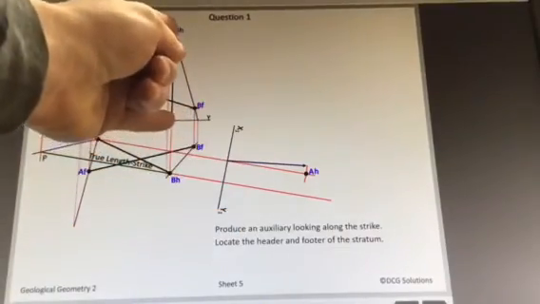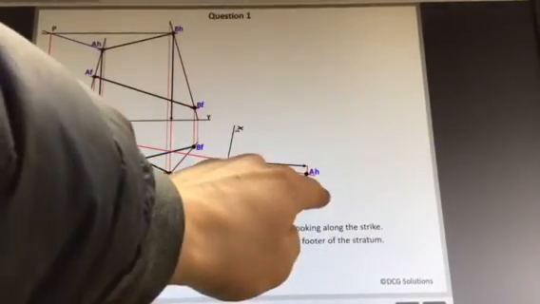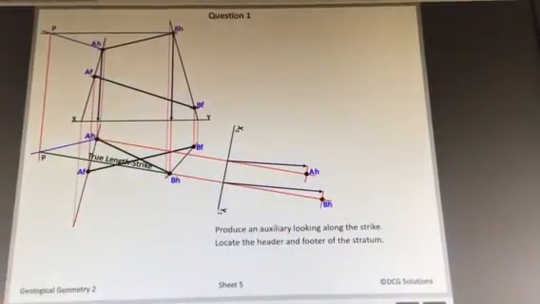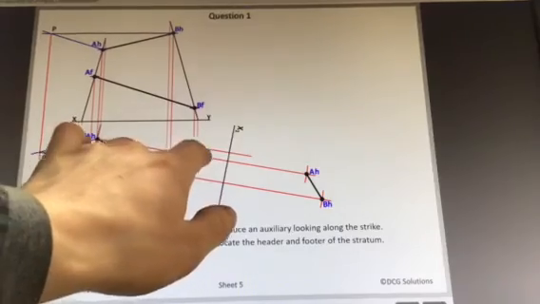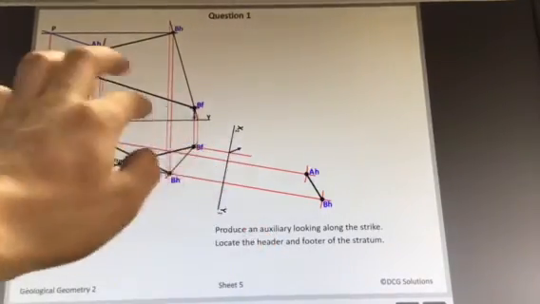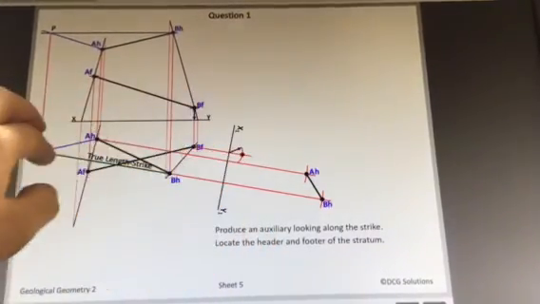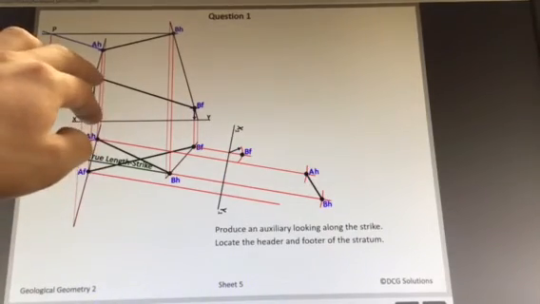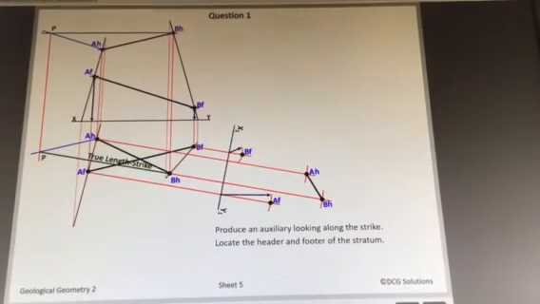Now find the distance to BH. Follow out the line, mark it off with your compass. Then you're going to do the same for the foot wall. Bring up BF, take the distance, mark it off, and AF, take the distance and mark it off. Introduce an auxiliary looking along the strike. Locate the head wall and foot wall of the stratum.